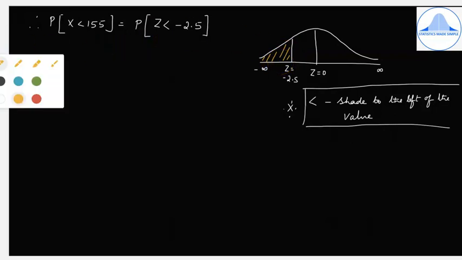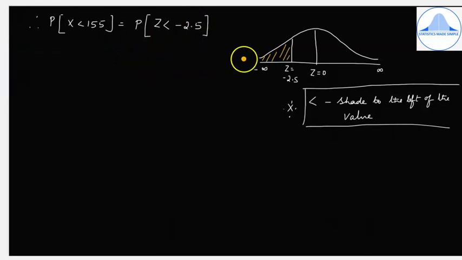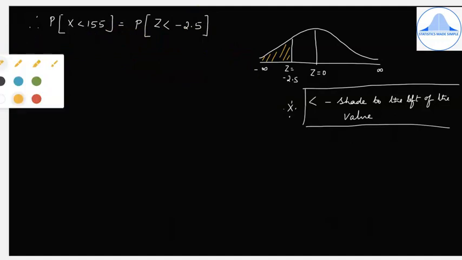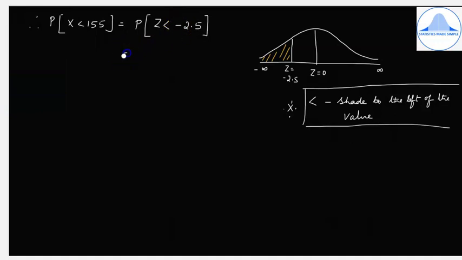Now whatever area I have shaded, I will write it in words. So I shaded from minus 2.5 to minus infinity. So that I will write in words. This is equal to area from minus 2.5 to minus infinity. Okay, so this is important to remember.